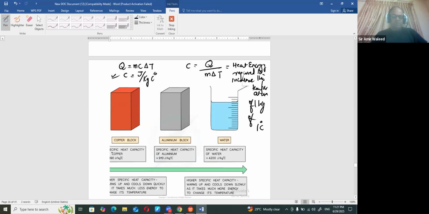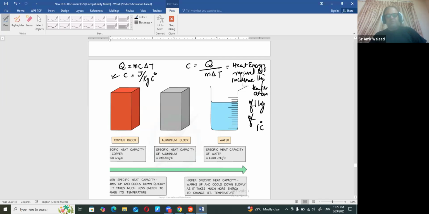Now, if you check out the heat capacity, this is copper, aluminum, and water. And the specific heat is increasing from left to right. Copper has the least specific heat, aluminum is second, and water got 4,200 joules per kilogram per degree Celsius. What does it mean?